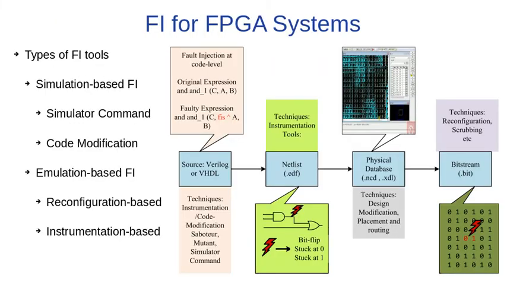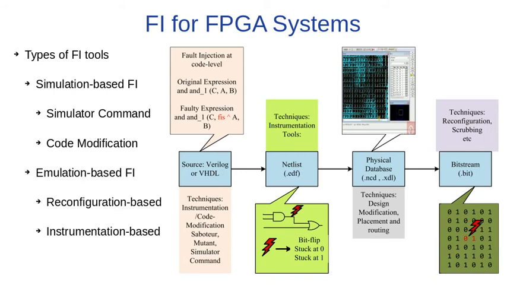Now the fault injection techniques for FPGA based systems. There are four fault injection techniques which we have already discussed. Two of them are used for FPGA based systems. Number one is simulation based fault injection and the other one is emulation based fault injection.